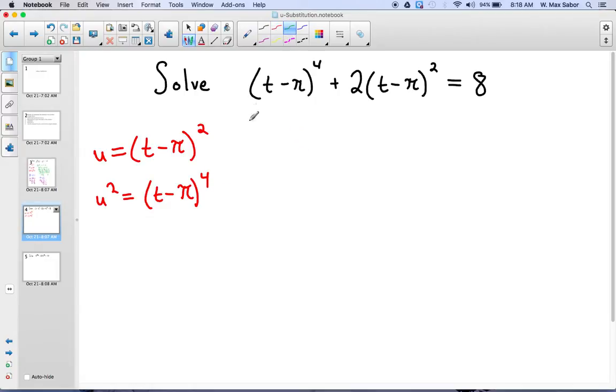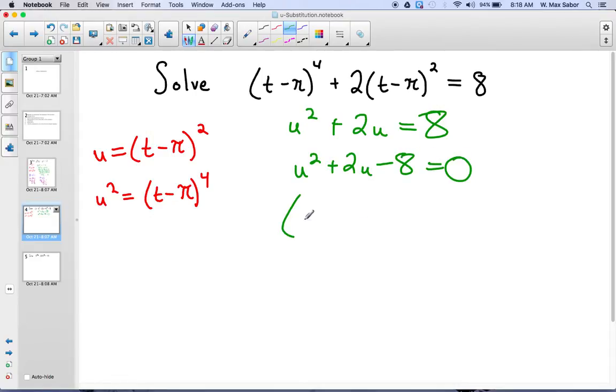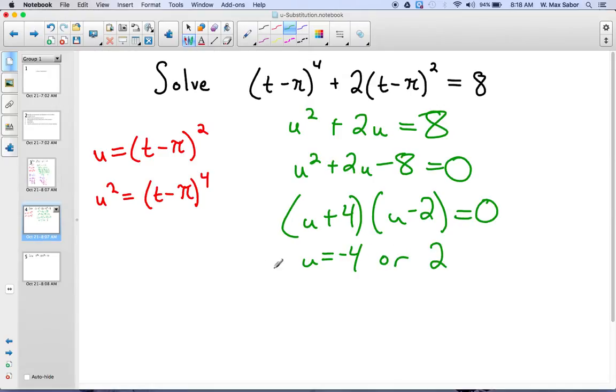So now we can substitute that in. So u squared plus 2u equals 8. (u plus 4)(u minus 2). So u equals -4 or 2.